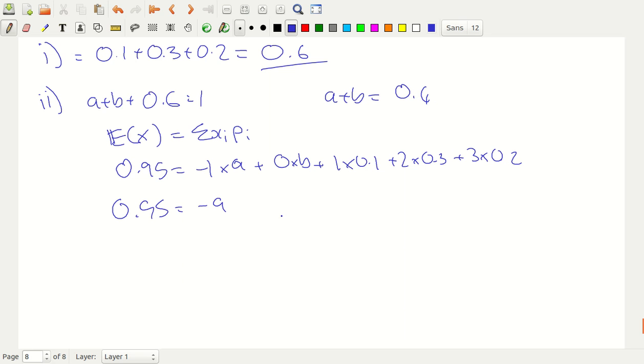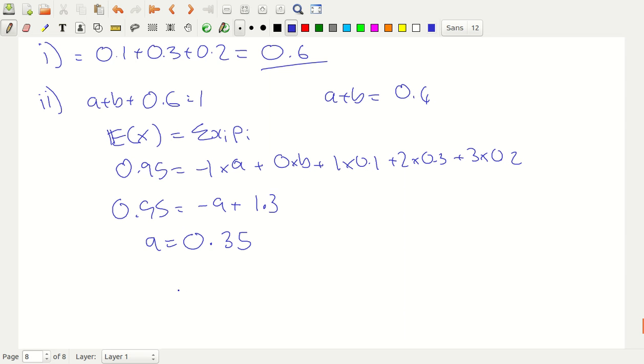This is going to be a very simple equation. 0.1, 0.6 and 0.6 is plus 1.3. So I guess we get a equals 0.35. We're very fortunate that this second equation doesn't actually involve b, so we just get the value of a immediately.